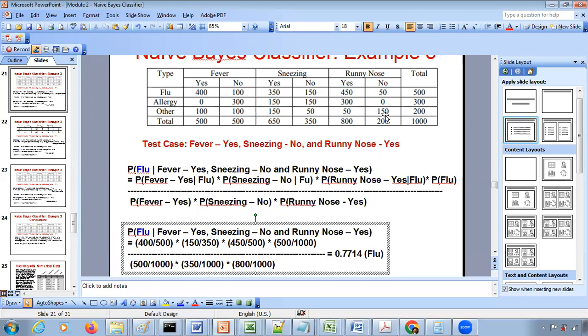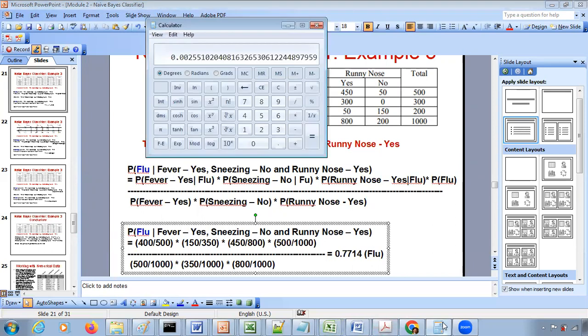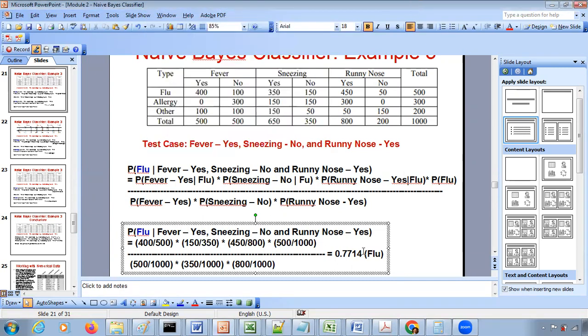And runny nose as yes is 450 over 800. So that's 400 divided by 500, times 150 divided by 350, times 450 divided by 800, times 0.5, divided by 0.5, divided by 0.35, divided by 0.8. So this should be 0.6888. That's what we got here.